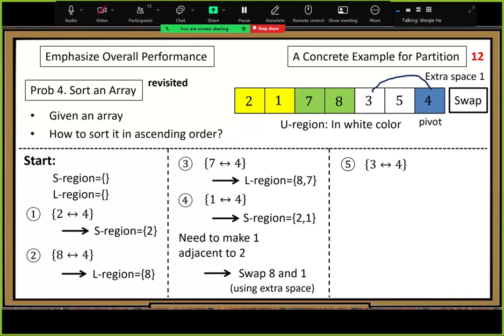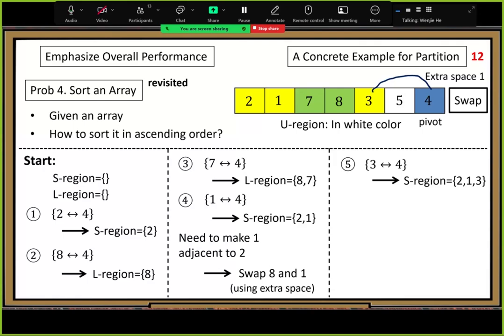We know 3 is smaller than 4, so we should put it in the S region, smaller. So we grow the S region.